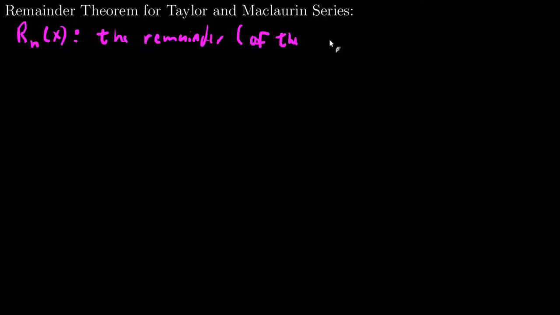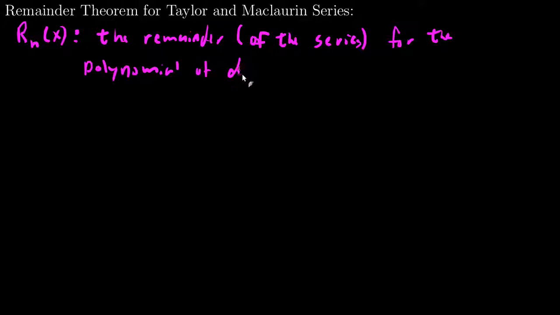The remainder theorem for these polynomials will give us a function, r sub n of x, which is sort of the remainder of the series for the polynomial, either Maclaurin or Taylor, of degree n.